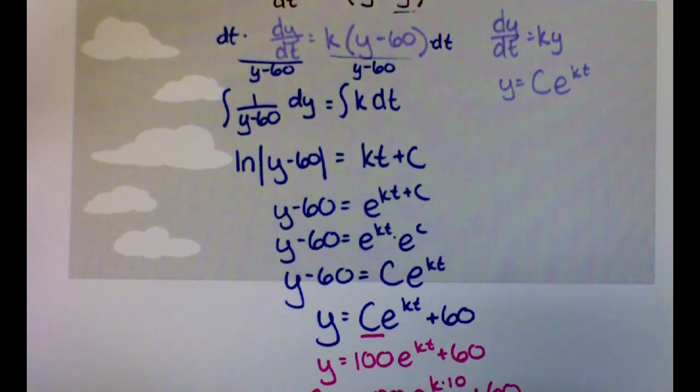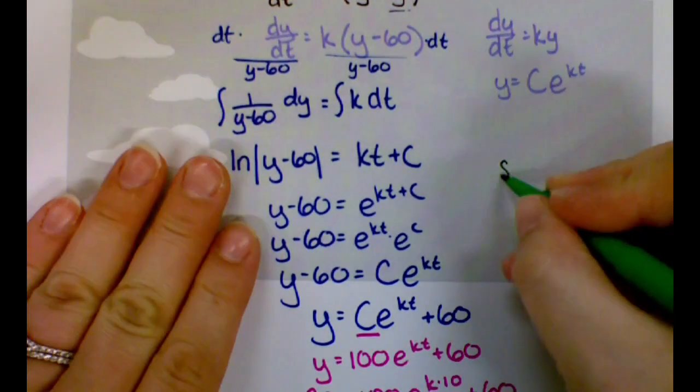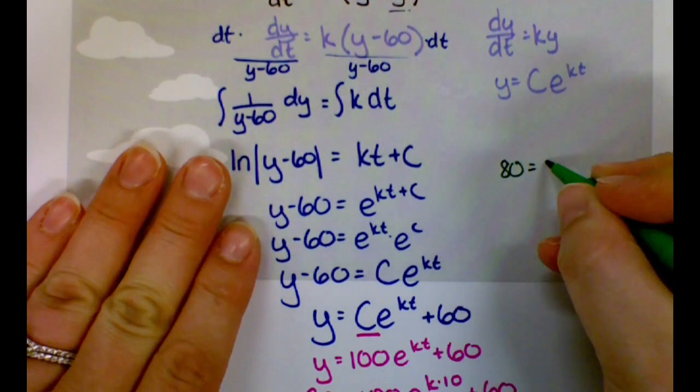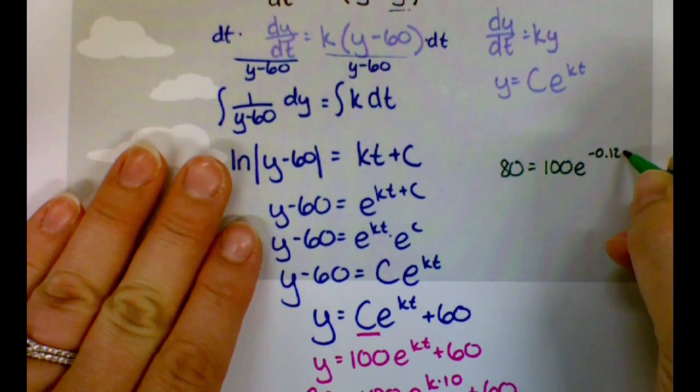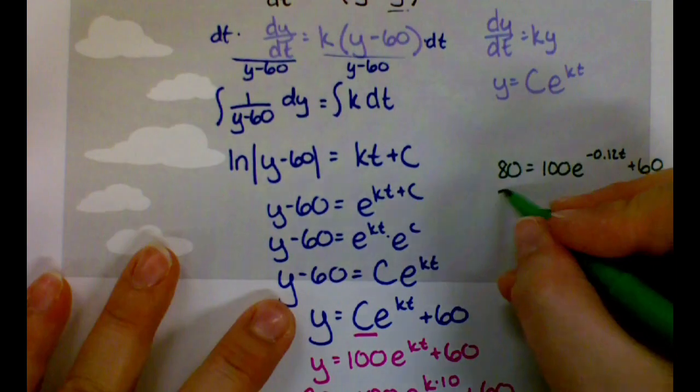That's not what it asked. How much longer will it take to decrease to 80 degrees? So I want to know what the time is when y is 80. So let's plug in everything I know. Subtract the 60.